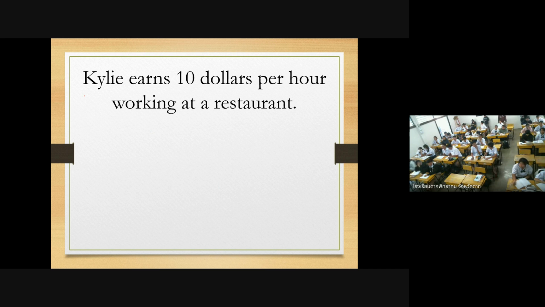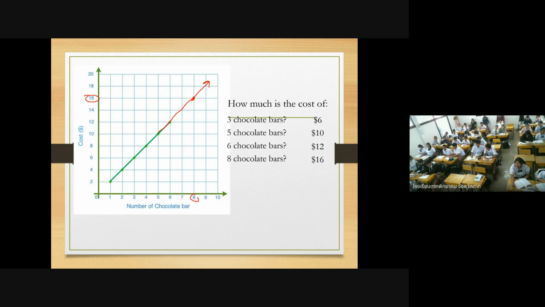Okay, so Kylie earns $10 per hour working at a restaurant. What are the variables here? The two variables. Cost, chocolate bar.